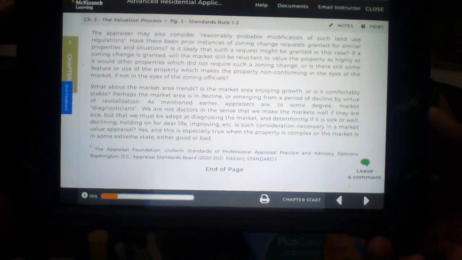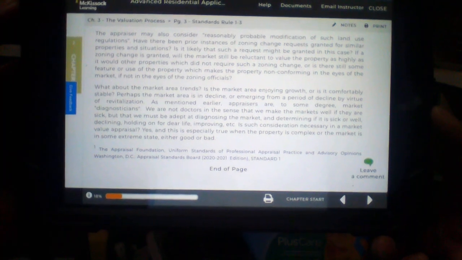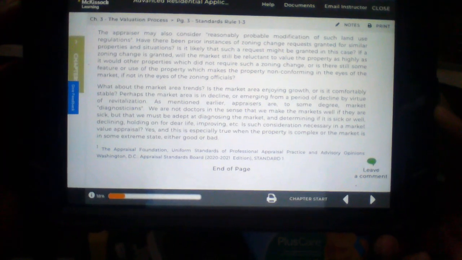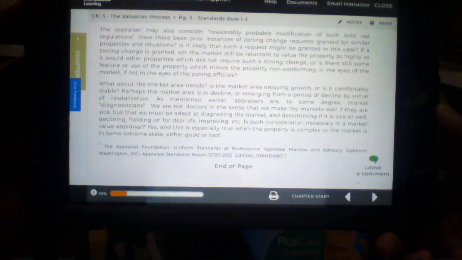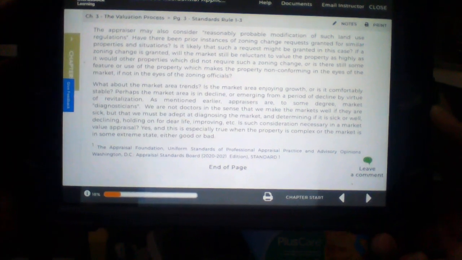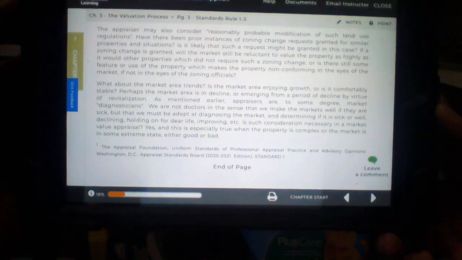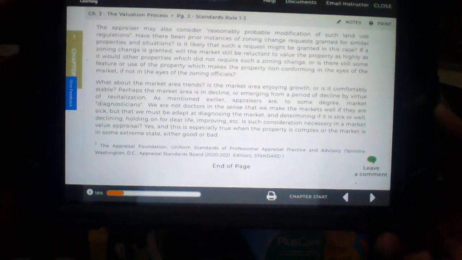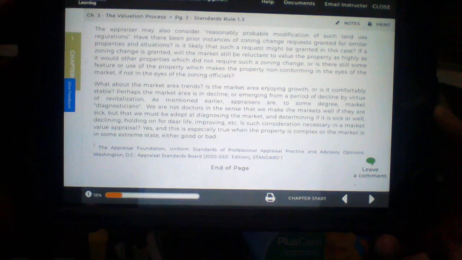What about the market area trends? Is the market area enjoying growth, or is it comfortably stable? Perhaps the market area is in decline or emerging from a period of decline by virtue of revitalization.